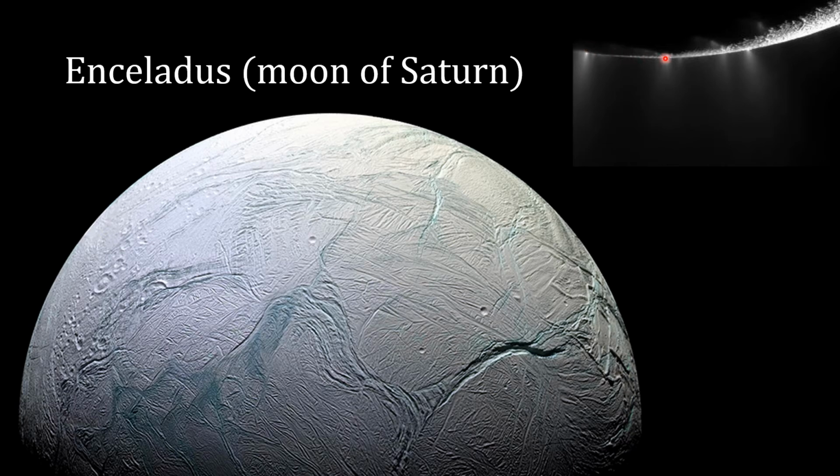Here is the surface of the planet. Sorry, the moon, this marks the edge of the moon, Enceladus. And then here we've got these plumes, basically geysers, spewing out ice and water off the surface of the moon.